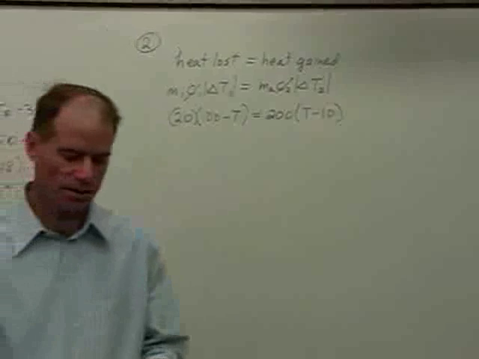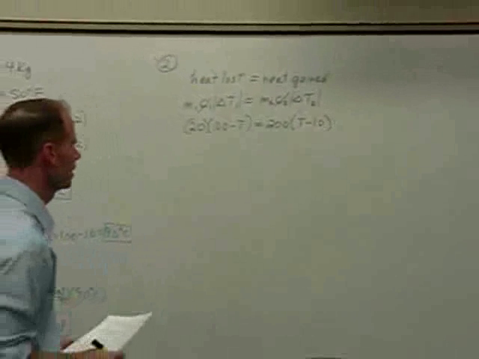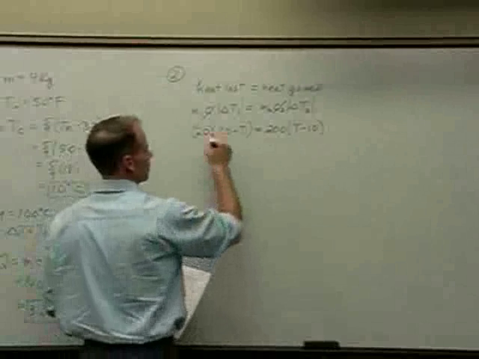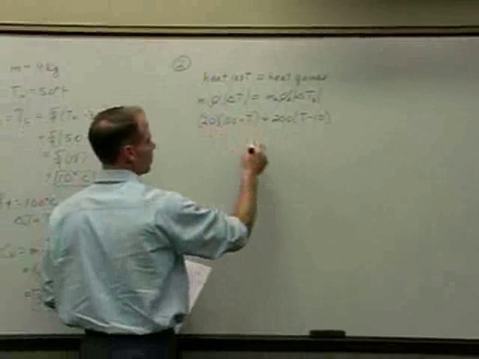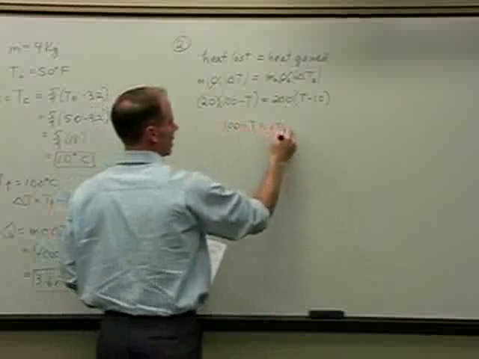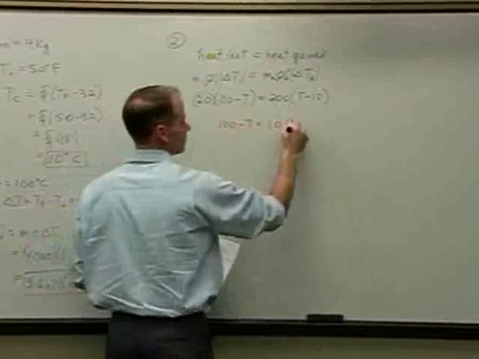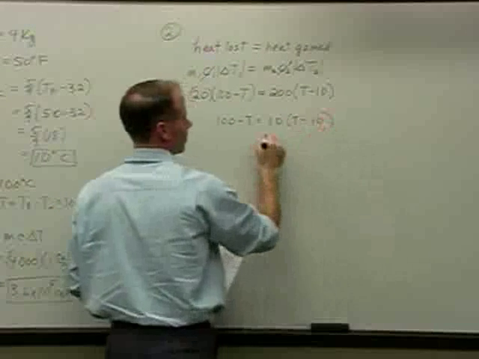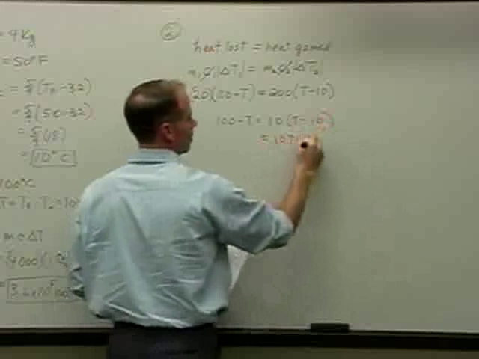And so let's just solve this for T. So I divide both sides by 20, and so I have 100 minus T equals 10 times T minus 10, or 10T minus 100.